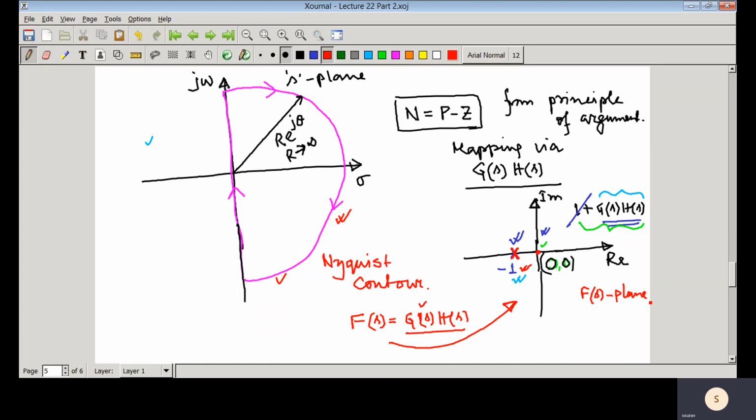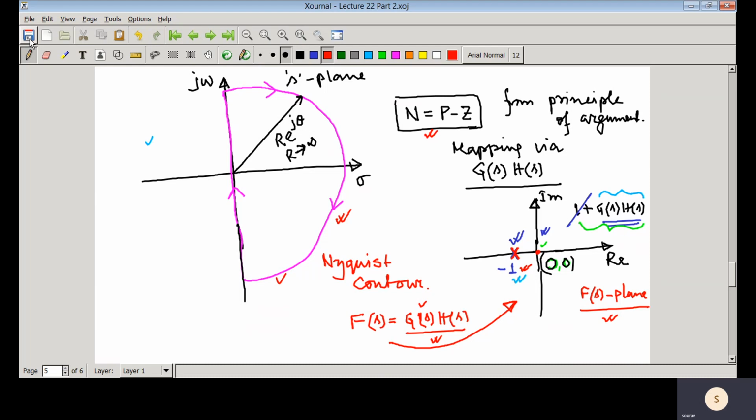Here the Fs plane is nothing but the G of S H of S plane, and then we will see whether the contour mapped in the Fs plane encircles the minus 1 point or not, or if it encircles, how many encirclements there are. Then we will apply this principle of argument, and from there we can see whether the closed loop system would be stable or not. So this particular thing we will be discussing in the next lecture.